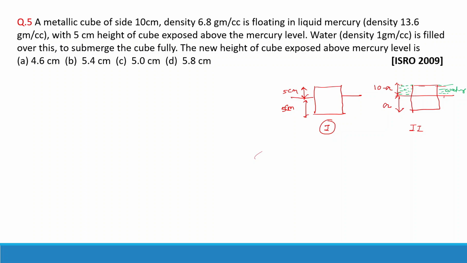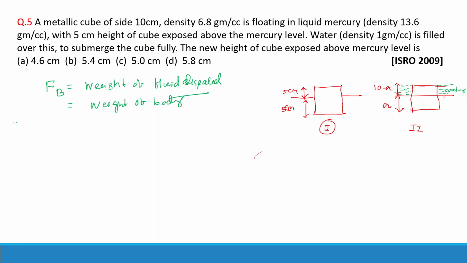Can I write force of buoyancy in the second condition? Force of buoyancy will be equal to weight of fluid displaced, and this block is partially submerged in water and partially submerged in mercury. So can I write this is equal to the weight of the body?